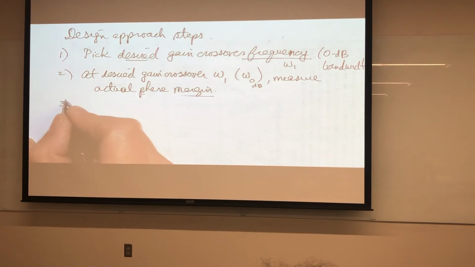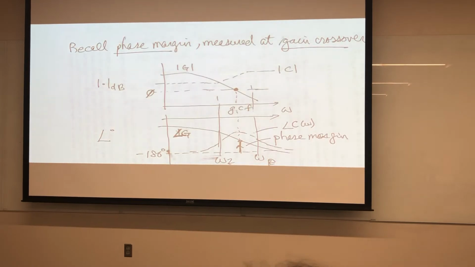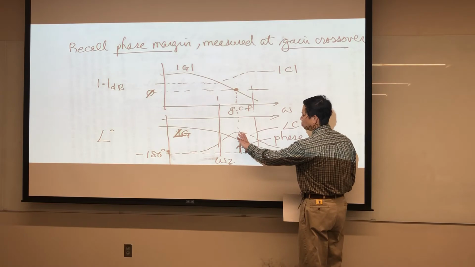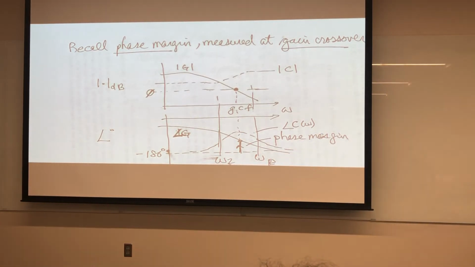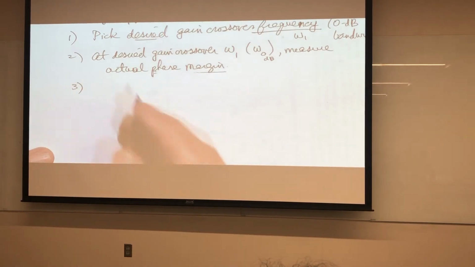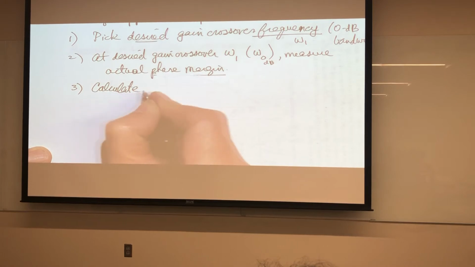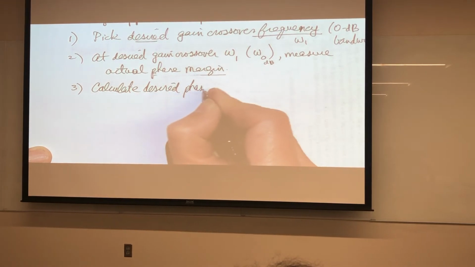The next thing we do is we say, hey, usually that margin is not enough. Usually that margin is not enough. And I don't have enough margin, so I need to put some dirt on there, so I need to figure out how big theta m is. So what we do is calculate the desired phase lead.